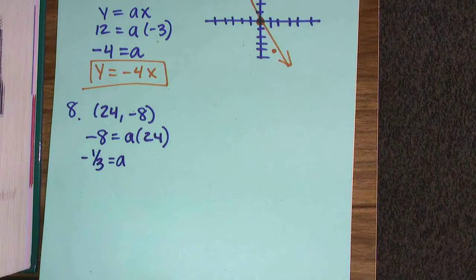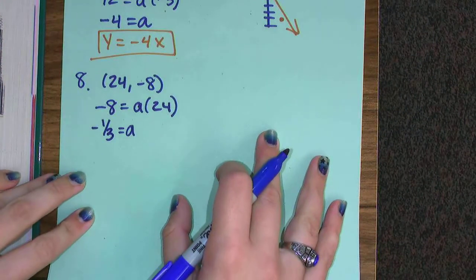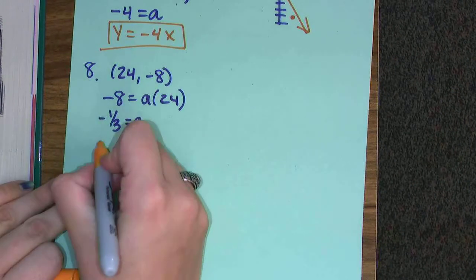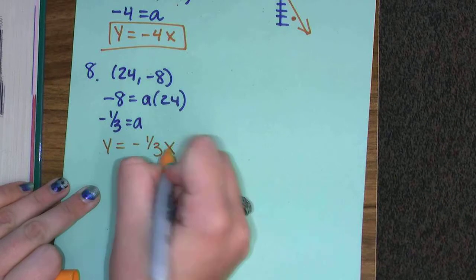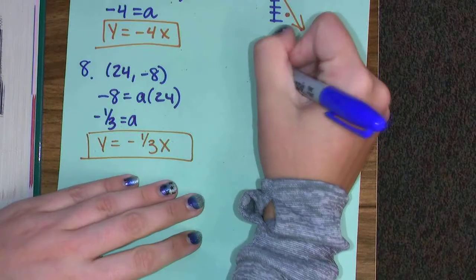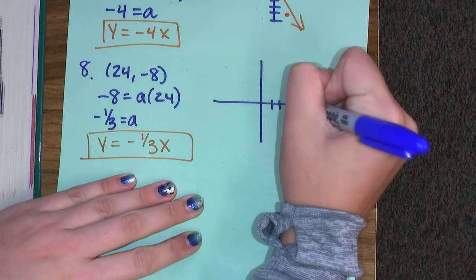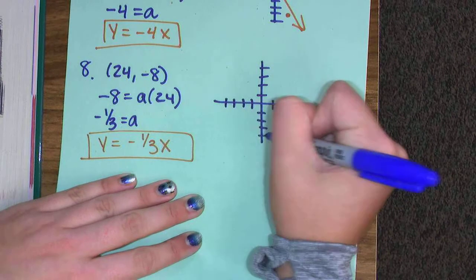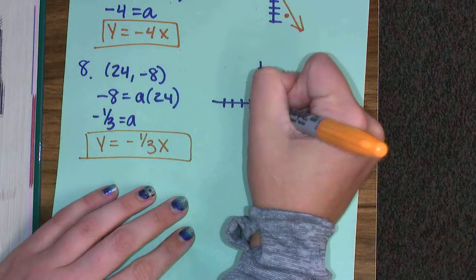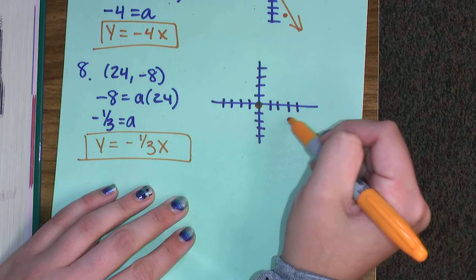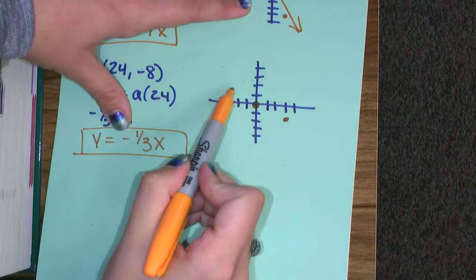Okay, so a is -1/3. So then what is my equation of the line? y equals -1/3 x. And then what is my graph going to look like? See if I can actually connect the dots this time. There we go.